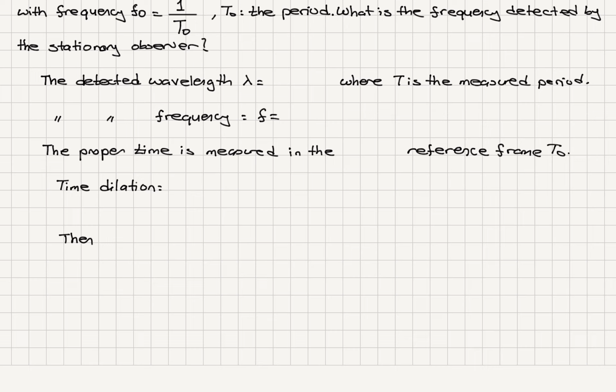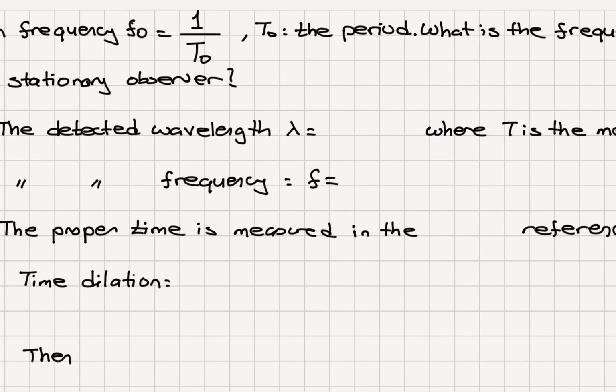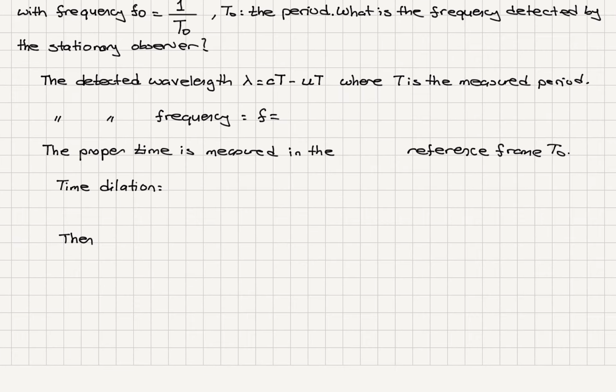So what is the frequency detected by the stationary observer? As we just argued, the detected wavelength lambda is the distance the first crest travels, c times T, minus the distance the source travels, u times T, when it emits the second crest. So this T is the measured period.